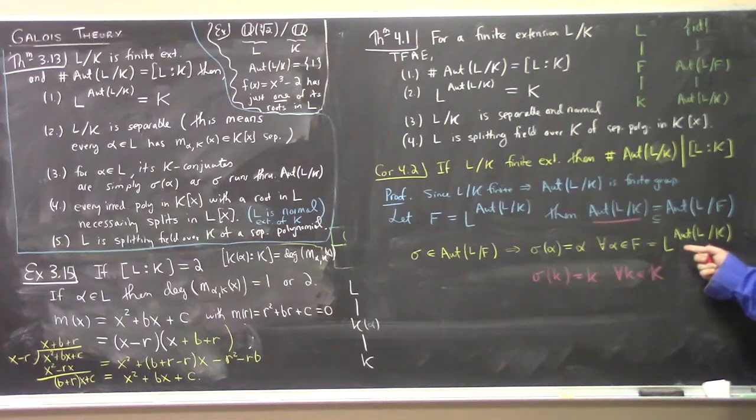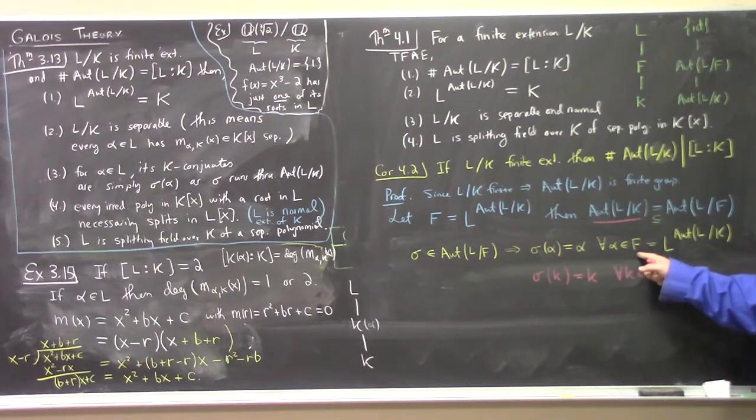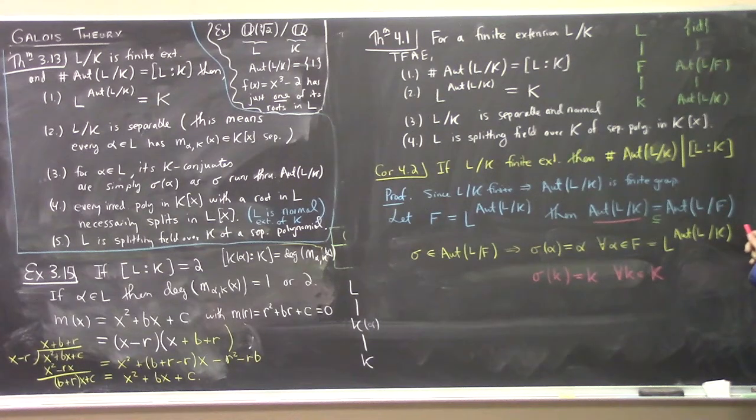So alpha in F, this is of course a subset of L. That right there is for every alpha in L, sigma sends alpha to alpha for every sigma in Aut of L over K. So we need an alpha in K, which is what we're considering.